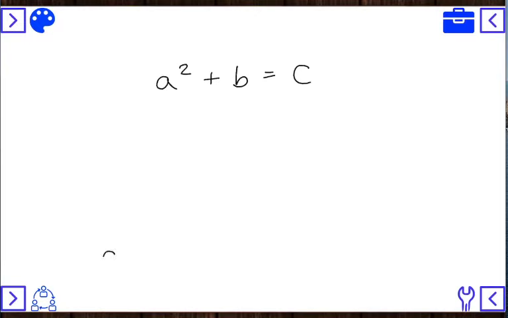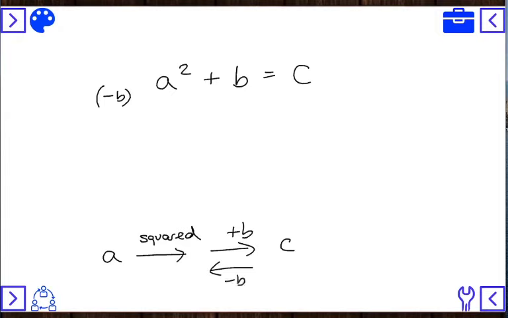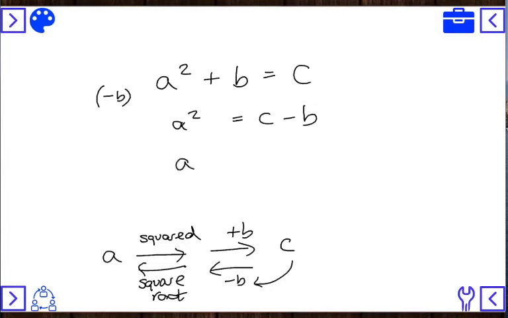If we wanted to do a diagram, you could say that we squared it, and then we added B, and then we got C. So I need to get rid of the B first of all, so we'll work backwards and do C minus B. So A squared is equal to C minus B, following the operation in the other direction this time. In order to get rid of add, we've subtracted, times was divide. The opposite of squared is to square root. So in this case, we've got A is equal to C minus B, all square rooted.